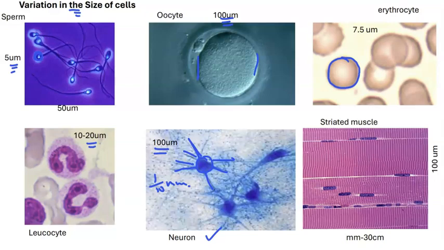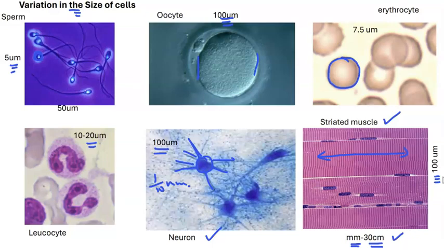However, these cells are dwarfed by striated muscle cells, which can be measured in millimeters, or indeed some of them even in centimeters. These incredibly long cells, which we would find in the long muscles such as our quadriceps or our hamstrings, can have lengths of up to 30 centimeters and diameters of 100 micrometers.